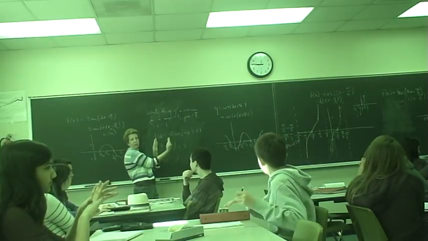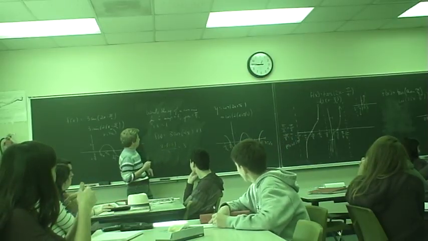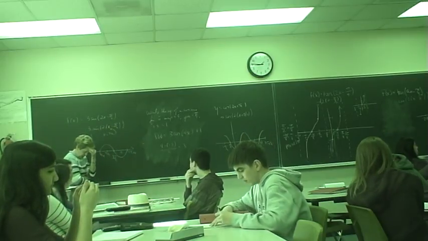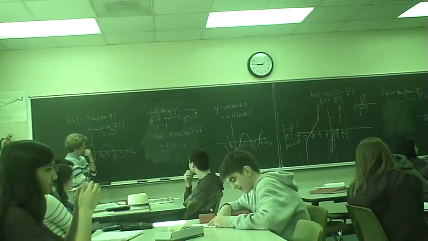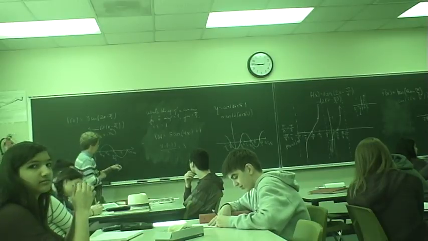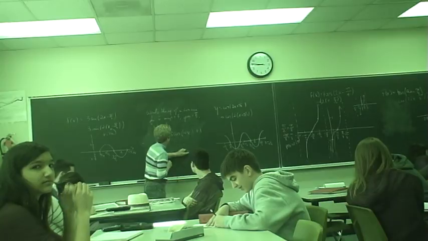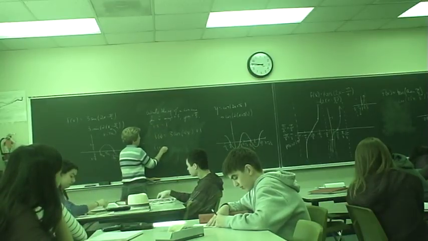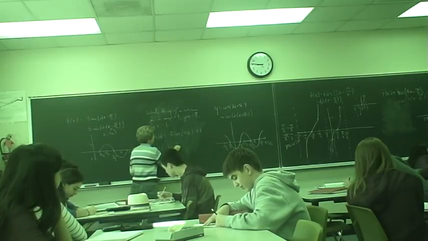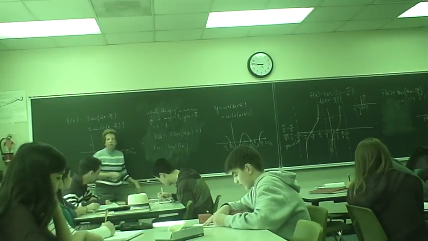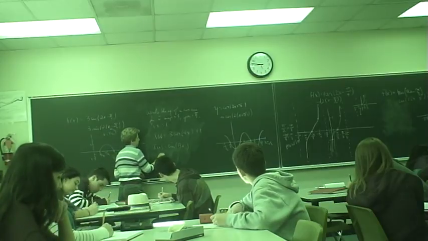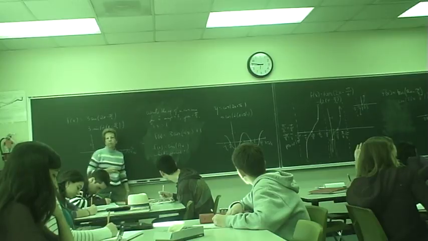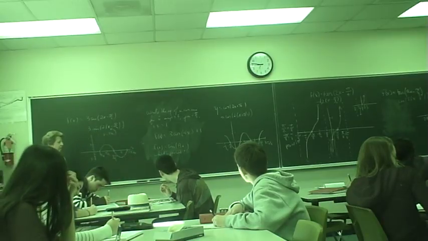Cool. All right, now there was something else I was going to say about this. If f of x is the sine of bx, what's the period? 2 pi over b.